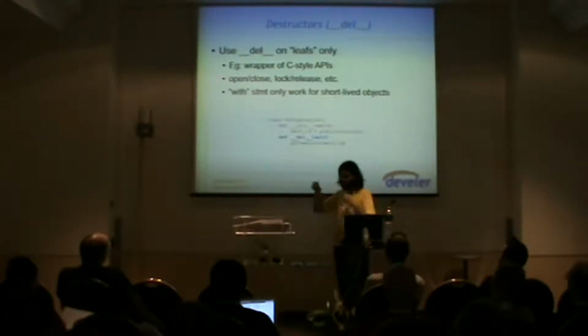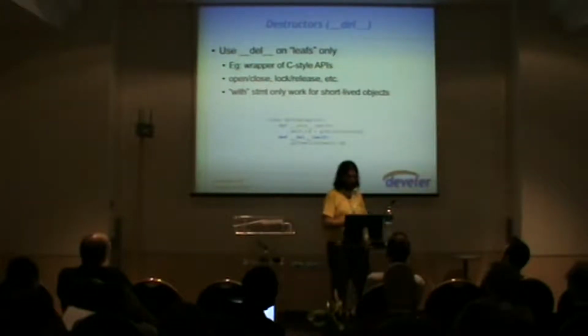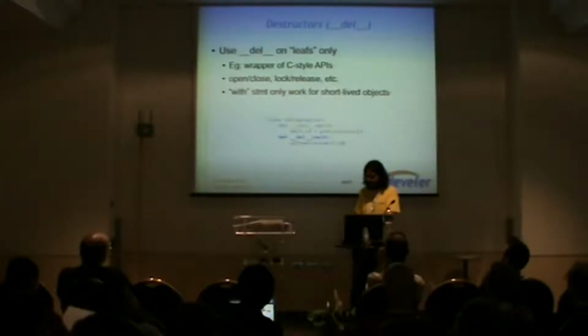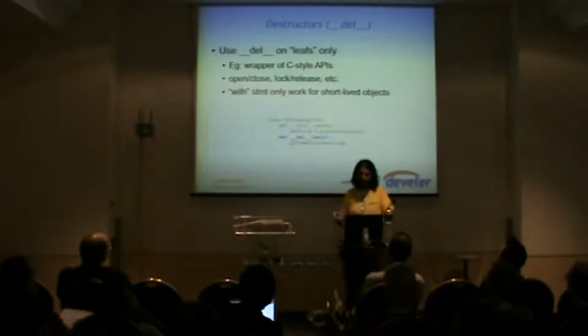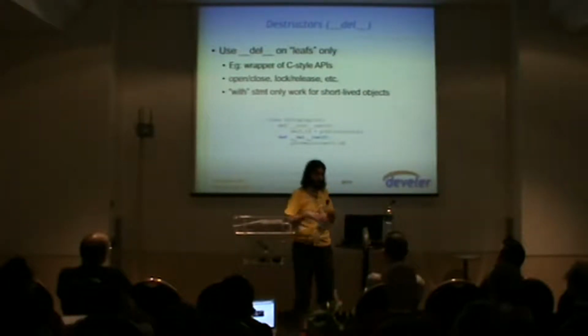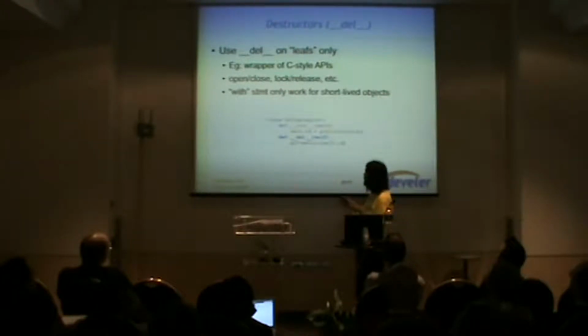You're wrapping some lock, release APIs into a small object. You will hold some references to it, but this object will not grow some kind of cycles or web of references. On that object, you can probably use del.